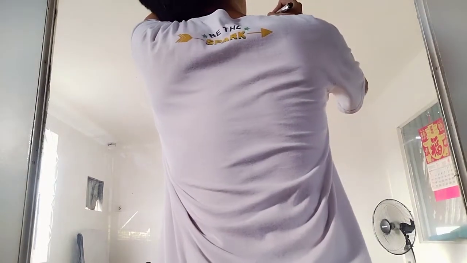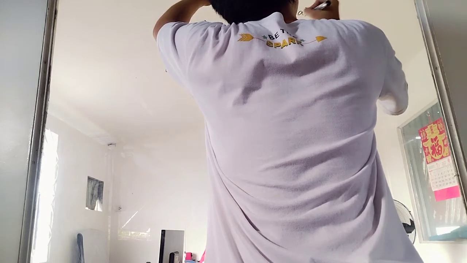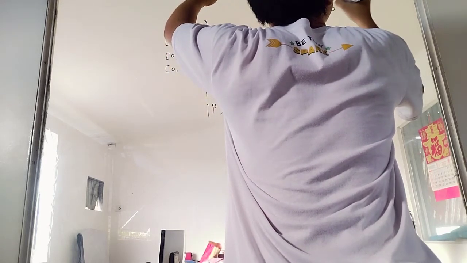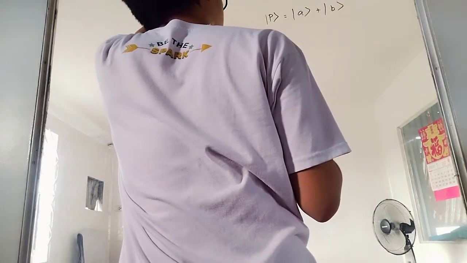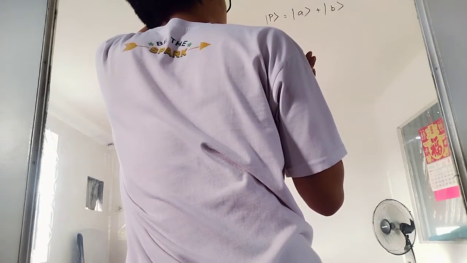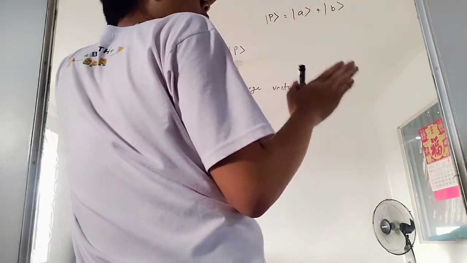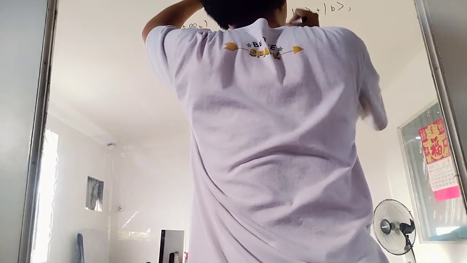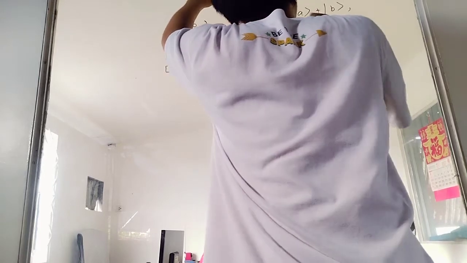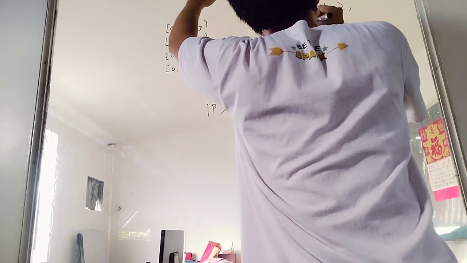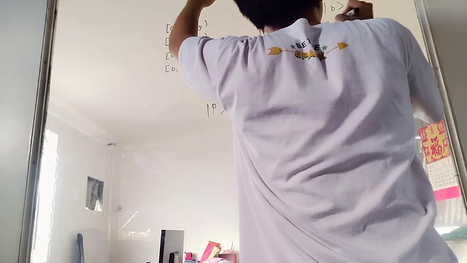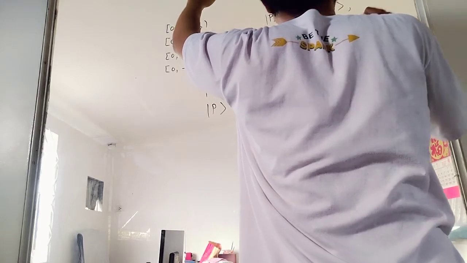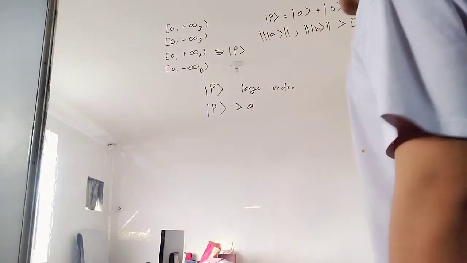So what we can do is break down P as a sum of two position vectors A and B, such that the norms of A and B are non-zero, or not negative, and also non-zero, of course.